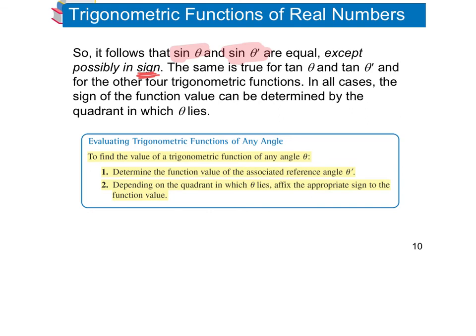So we need to find our reference angle. And then depending on the quadrant that theta lies in, affix the appropriate sign to the function value. So we just have to check the sign. The last thing you want to do is check the sign.